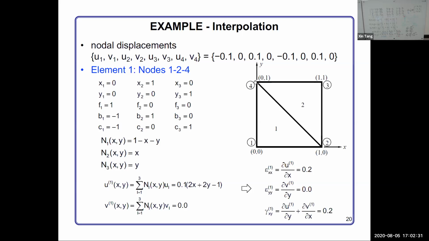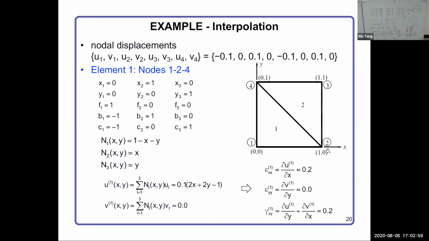And they have an inter-element edge between node 4 and node 2 to give you 2 triangle elements. Now, given the displacement of the 4 nodes, you have U1, V1 for node 1, which equals minus 0.1, 0.